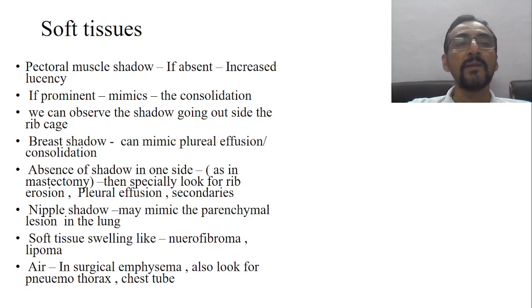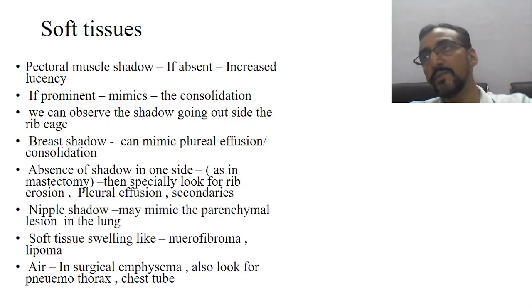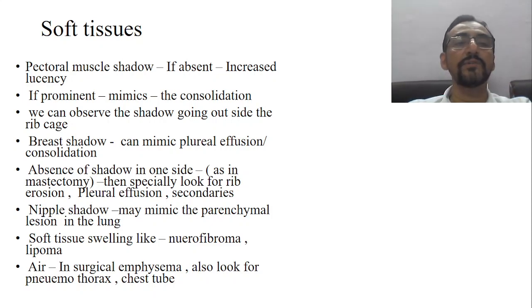That we will see. In the soft tissues, first we'll see the pectoral shadow. If a shadow is present, the shadow is that of the pectoral muscles, it is not that of the lung parenchyma.